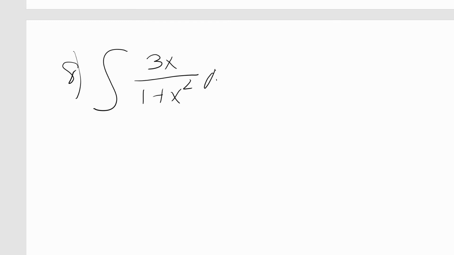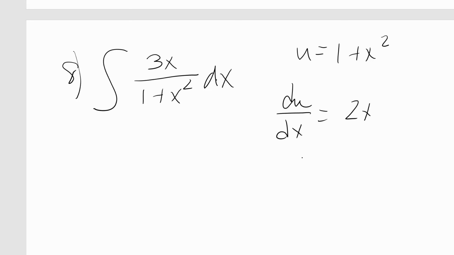Let me get a clean sheet of paper. So number 8 says the integral of 3x over 1 plus x squared dx. All right, so my denominator is going to be my u, 1 plus x squared, which means du dx is 2x, or du is 2x dx.